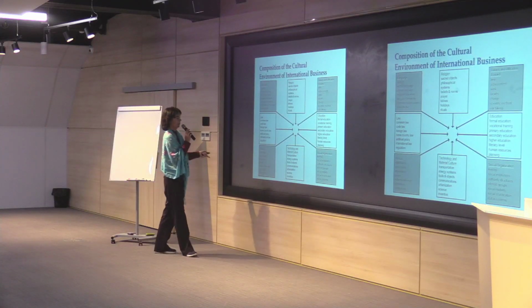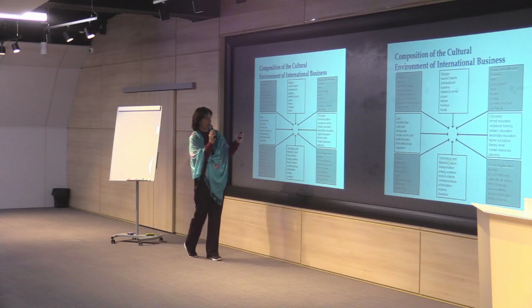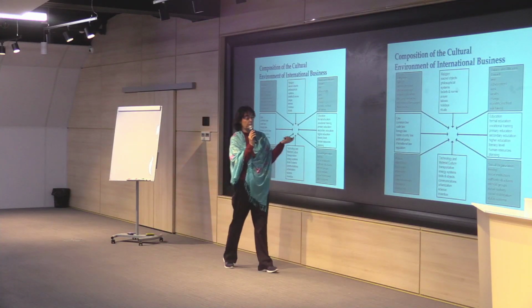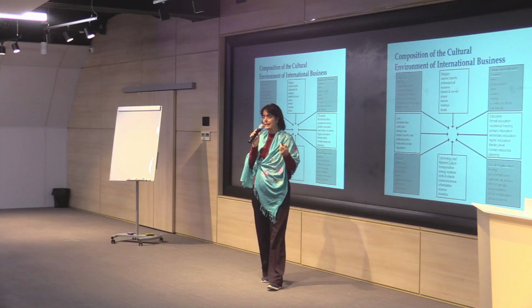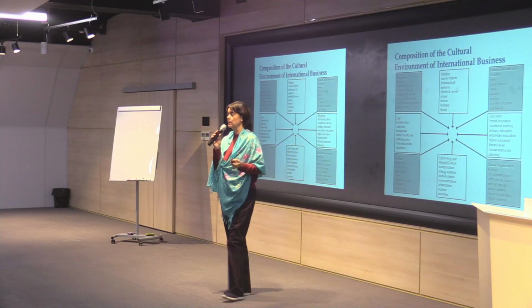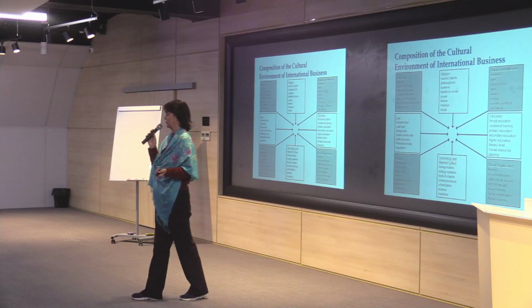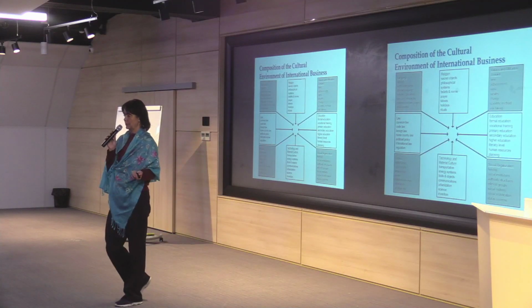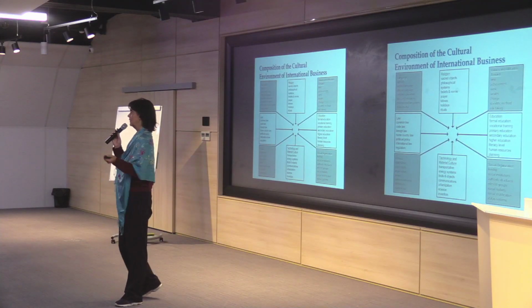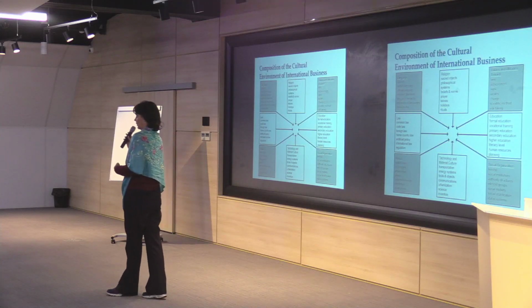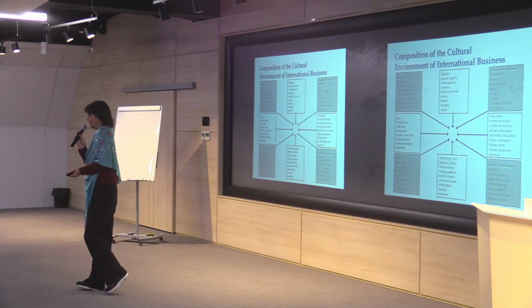There are obviously political issues, religious issues, social organization, education. If you send somebody abroad, you are most likely sending their family abroad. Is there an education abroad for their children? Is it in a language that they can immediately start attending those schools?